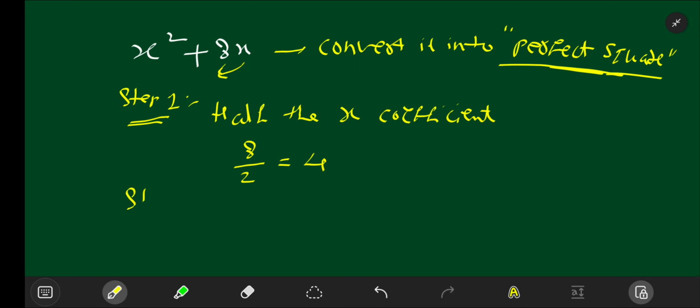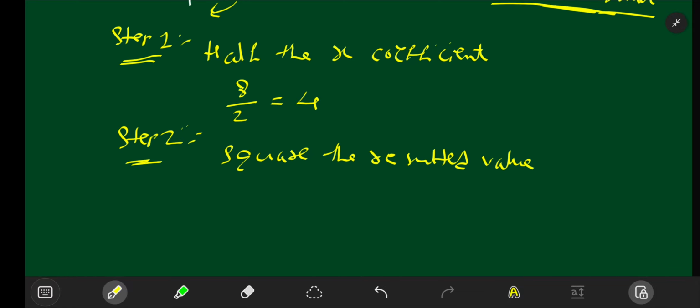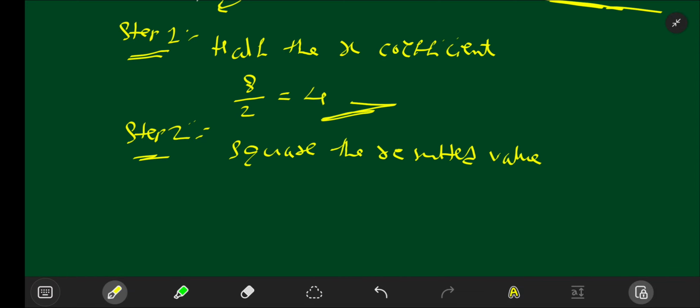Next, step 2 is to square the resulted value. The resulted value from the first step is 4, so we have to square it. 4 square is 16.